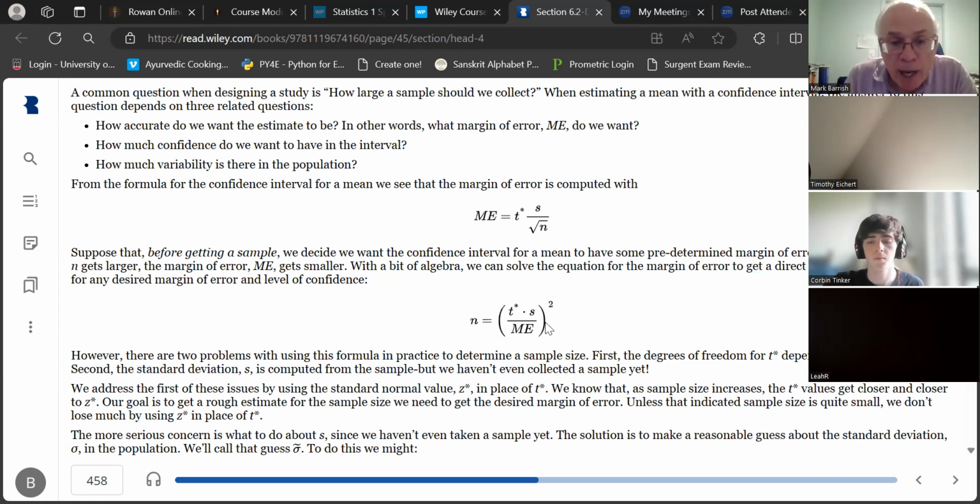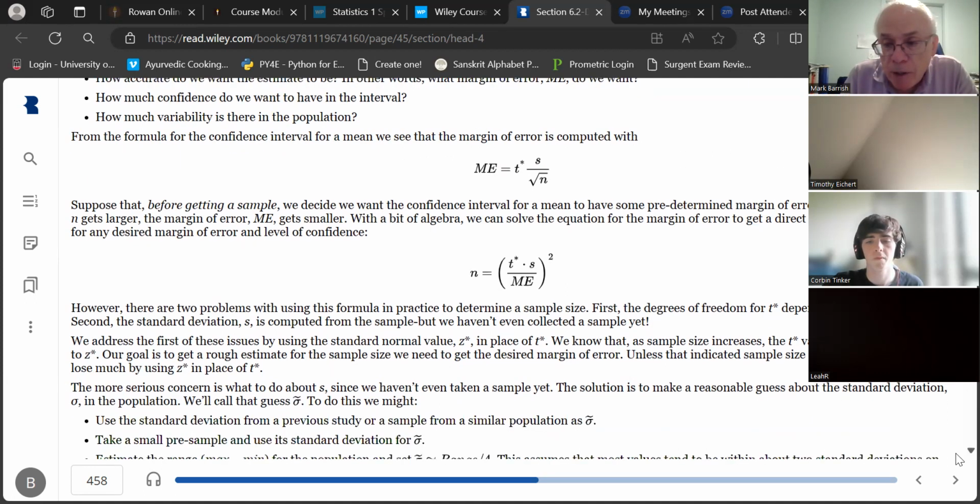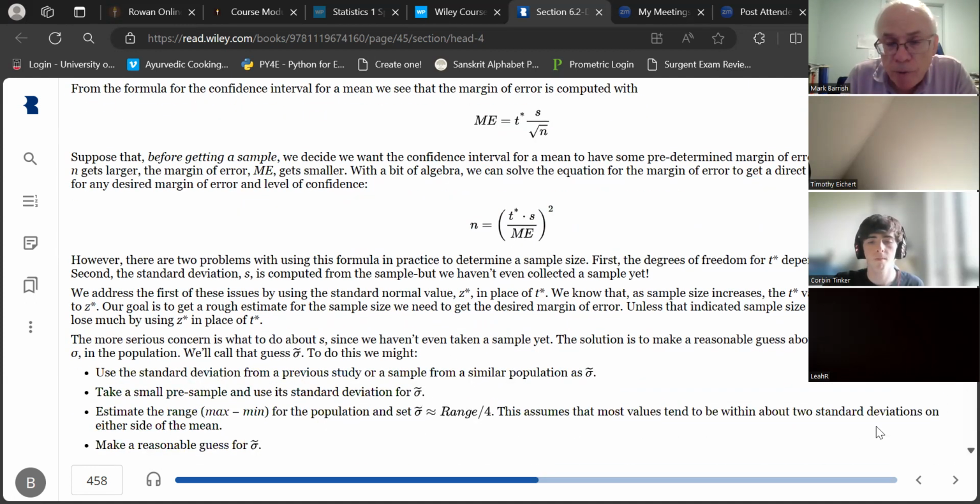What are we going to use for s? Well, typically, the problem will give you an estimated population standard deviation. Or maybe there was some similar population that was looked at in the past, and they found that the population standard deviation is this. So you're going to use something that the problem will give you.